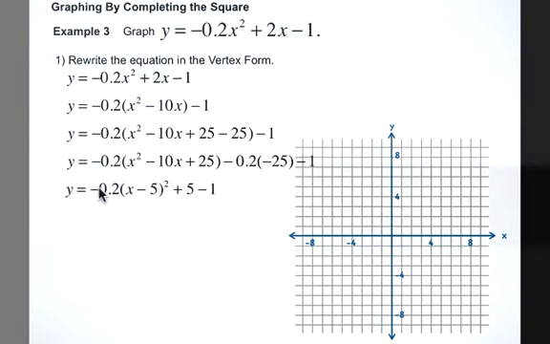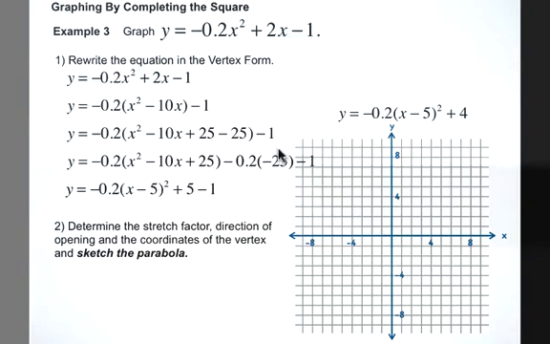This gets simplified to negative 0.2 times (x minus 5) squared plus 5 minus 1. This gives us a final equation in vertex form of y equals negative 0.2 times (x minus 5) squared plus 4.